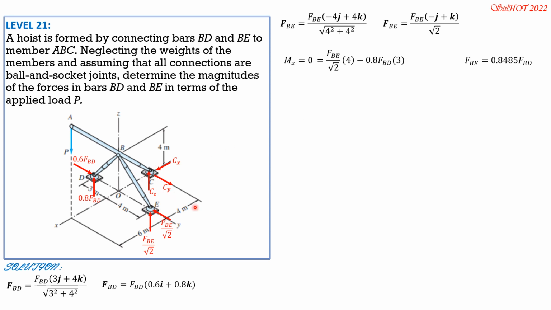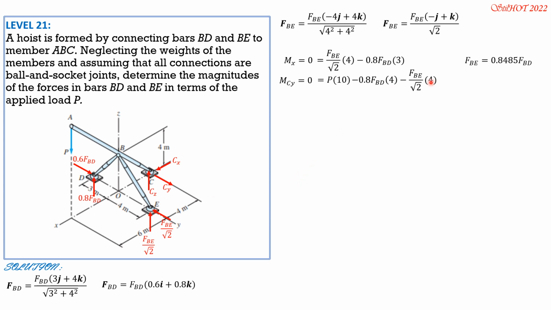Then summation moment about CY is 0. By right thumb rule, we have P times 6 plus 4 is 10, then minus 0.8 FBD times 4 minus FBE over square root of 2 times 4.